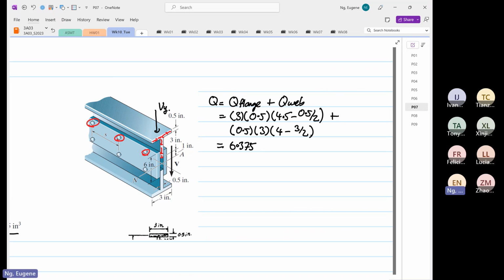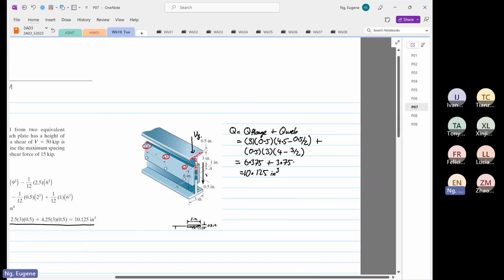That's 6.375 plus 4 minus 3 divided by 2, that's 3.75. I'll do it again. 3 times 4.5 minus 0.5 divided by 2, that's 0.5 times 3, 6.375. 0.5 times 4 minus 3 divided by 2, that's 3 times 3.75 plus 6.375, which is equal to 10.125 inches cubed.